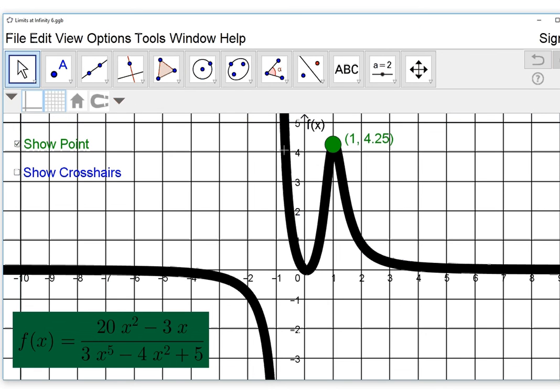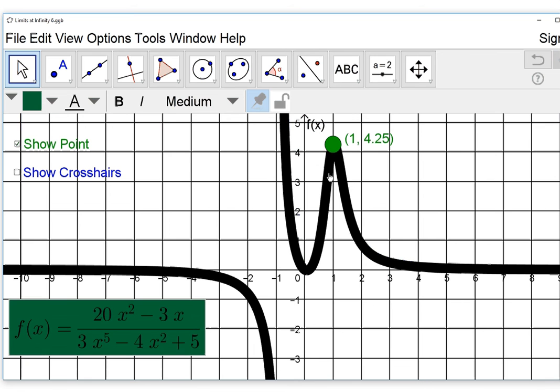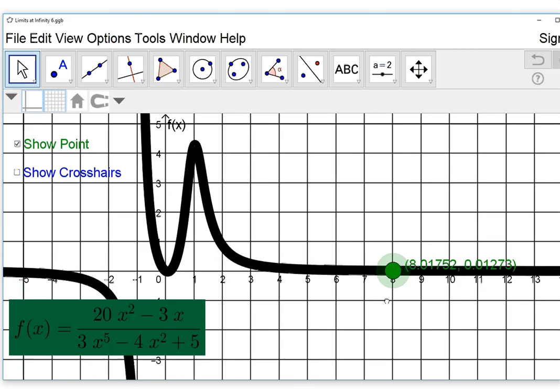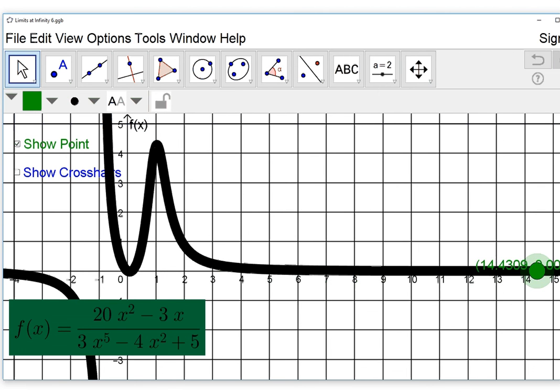We're going to put a point on the function. Here's our function, 20x cubed minus 3x over 3x to the 5th minus 4x squared plus 5. We can see that as x approaches infinity, the y value approaches 0. We can also see that if we were to ask about negative infinity, it would also approach 0. But we were concerned about positive infinity, and the y value approaches 0.